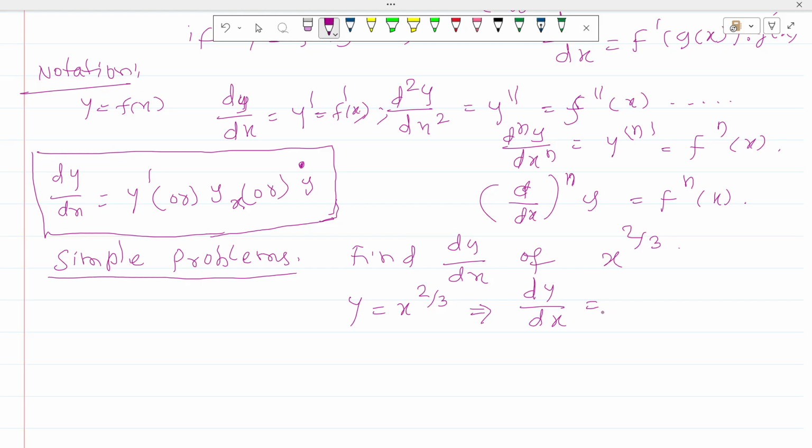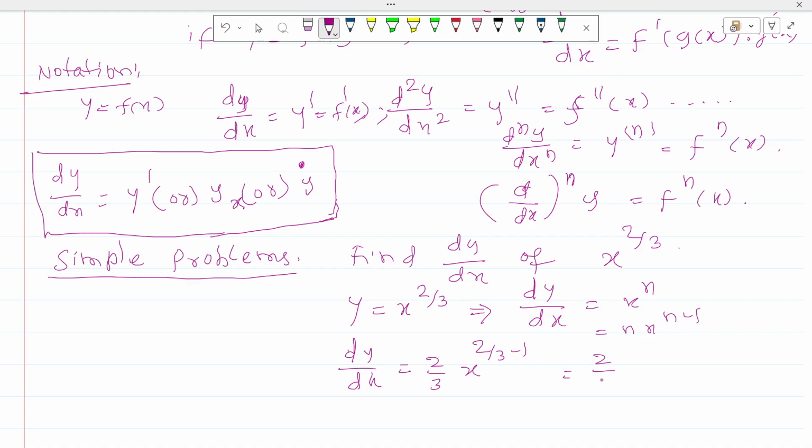This thing you already know: in the format x power n, the derivative is n into x power n minus 1. Therefore here dy by dx equal to 2 by 3 into x power 2 by 3 minus 1. So you have to calculate this.